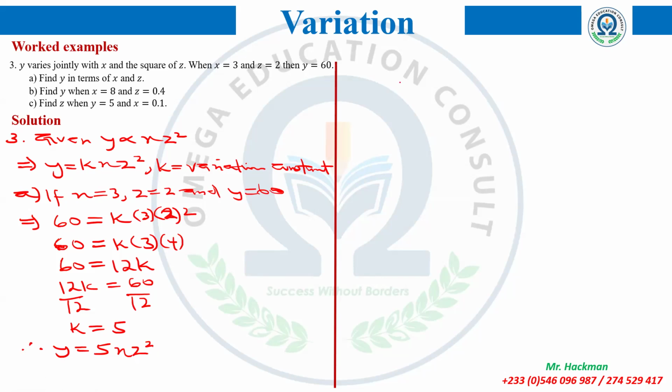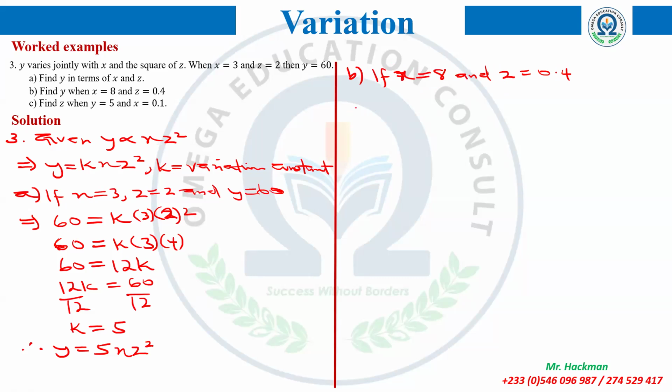So B, when x is equal to 8 and z is equal to 0.4. Not pretty, but we'll work with it. No worry at all, we at least have our calculators.